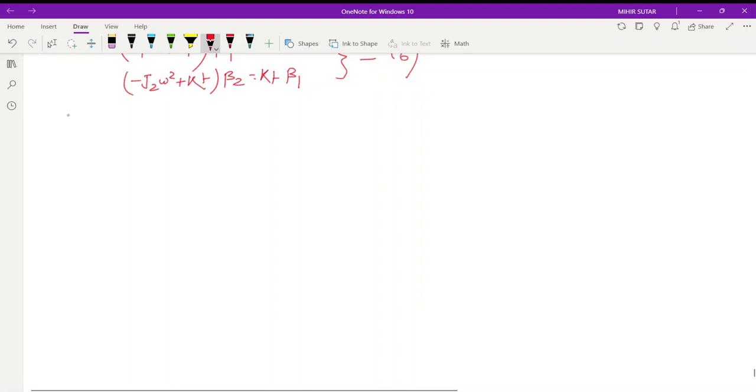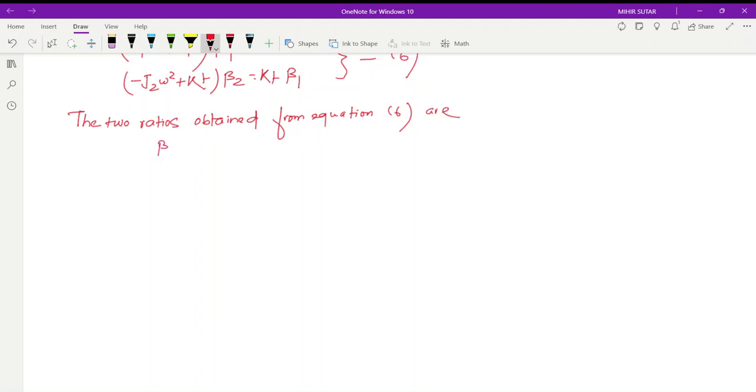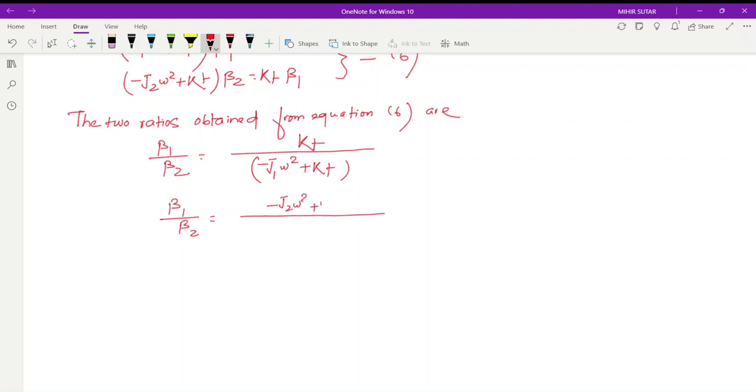Now the two ratios obtained from equation 6 are beta 1 by beta 2 will be Kt divided by minus J1 omega square plus Kt, and the second ratio beta 1 by beta 2 will be equal to minus J2 omega square plus Kt divided by Kt.